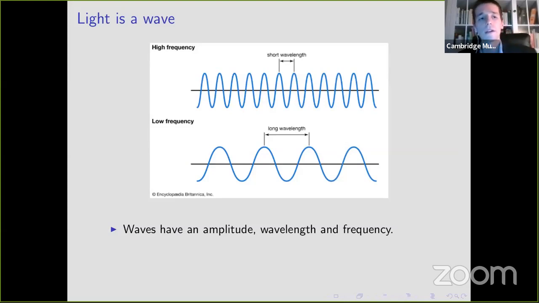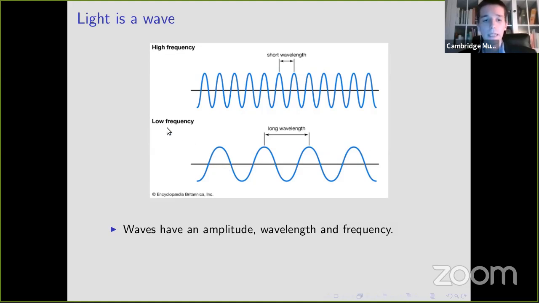A property of light is that it is a wave. Waves have an amplitude, a strength, a height or magnitude; a wavelength, the distance from one crest to the next, or one trough to the next; and a frequency, the number of cycles per second that it performs.